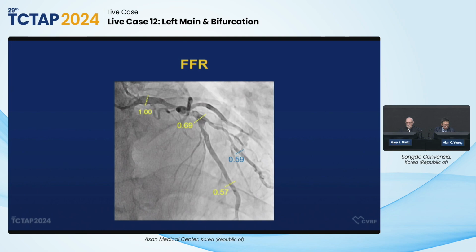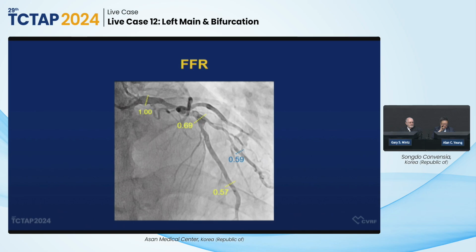From the distal LAD in the hyperemic state with intravenous adenosine it is 0.57, and we slowly pull back. The aneurysmal part is 0.69, and after pullout, at the left main ostium it is 1.00. So the delta change is much more significant in the left main part.